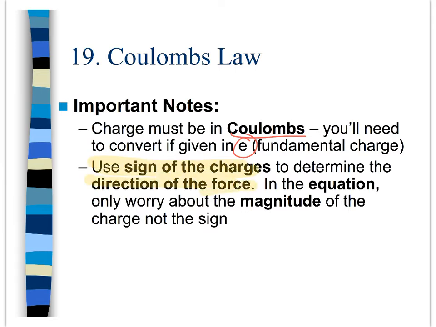So we're going to be thinking about, this charge is positive, this charge is negative, they're attracted to each other, so that's the direction the forces go. However, in the equation, we're only going to worry about the magnitude of the charge. The equation is just going to tell us how much force. We'll have to determine the direction separately.